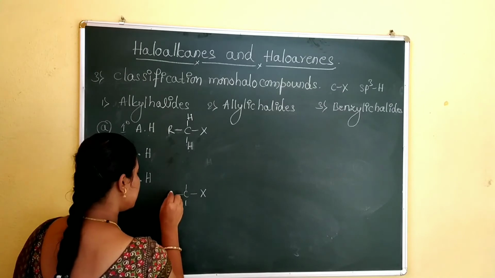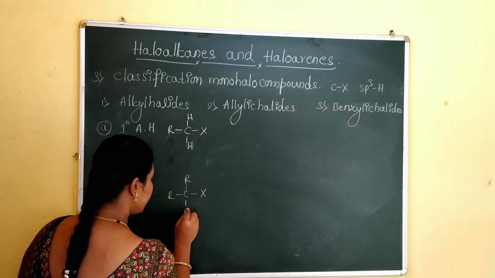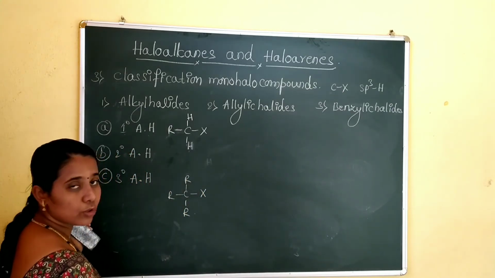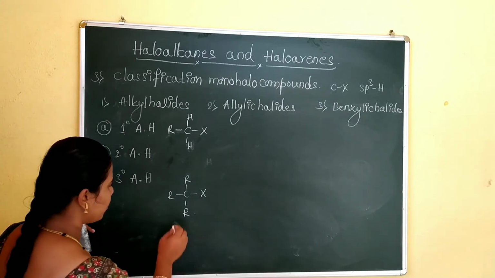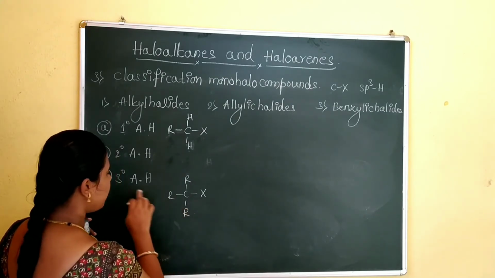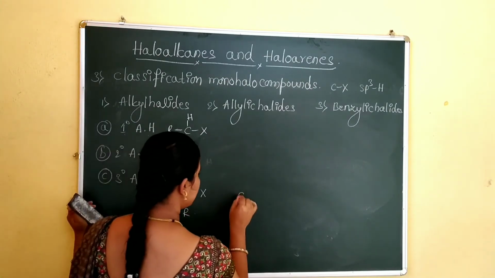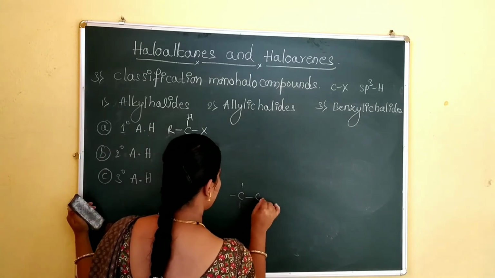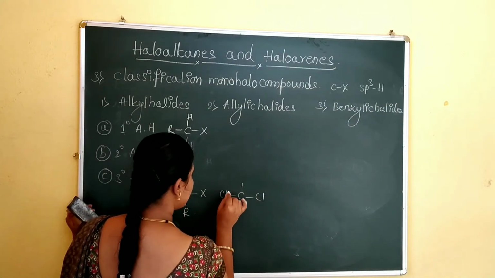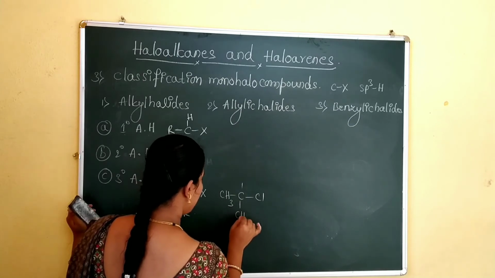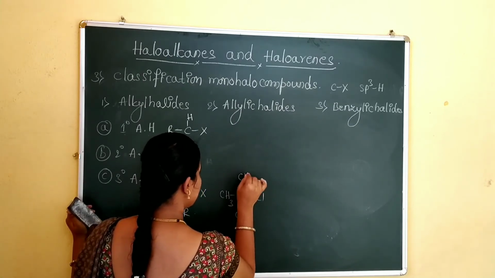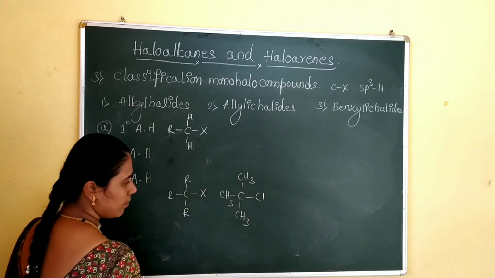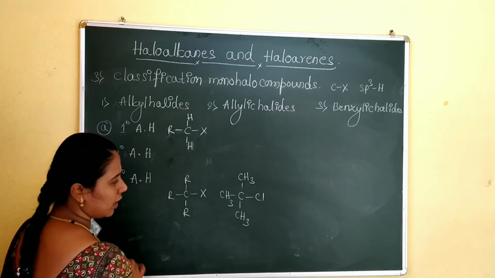Tertiary carbon atom means it is attached to 3 alkyl groups. For example, here I will take one example of tertiary alkyl halide: CH3, the methyl group, is an alkyl group. CH3, CH3, CH3. This is the example for tertiary alkyl halide.